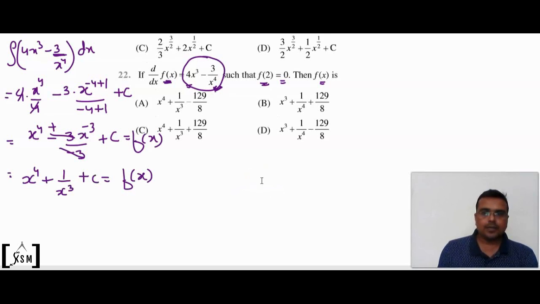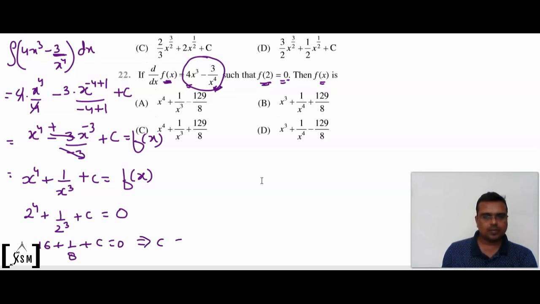And they have said f(2) is 0, which means when the x value is 2, the function value is 0. Substituting, we will find the value of c, which is 16 plus 1 over 8.